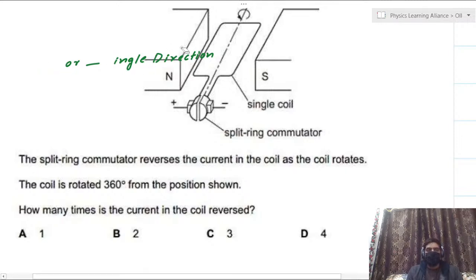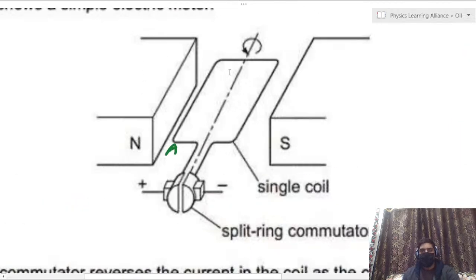So let's say this side of the coil is A, this side of the coil is B, this side of the coil is C, this side of the coil is D.